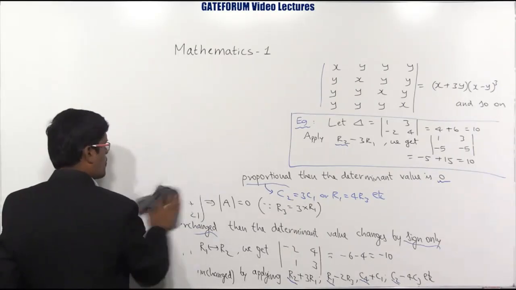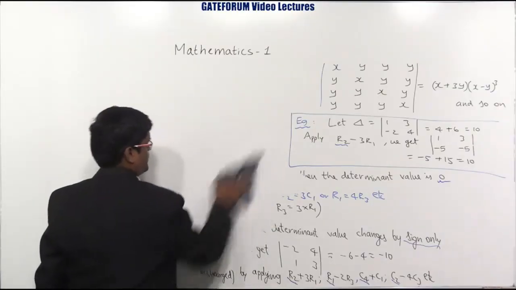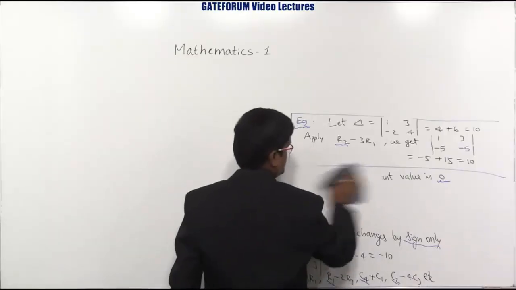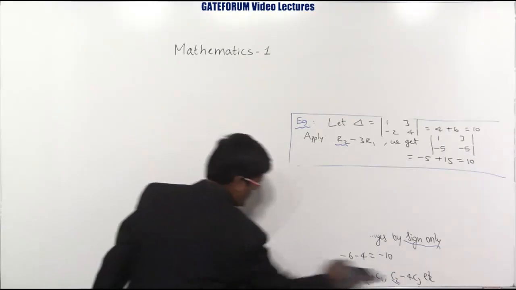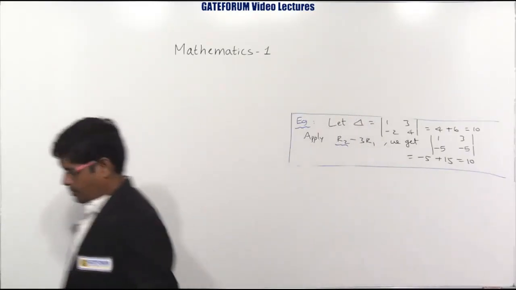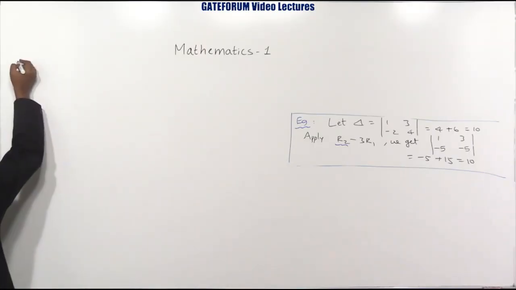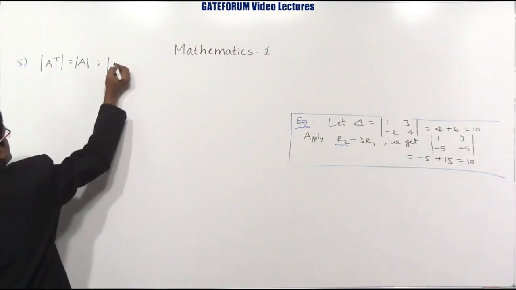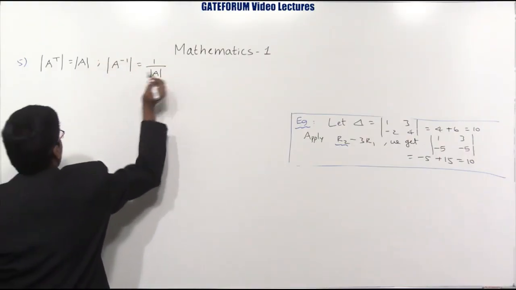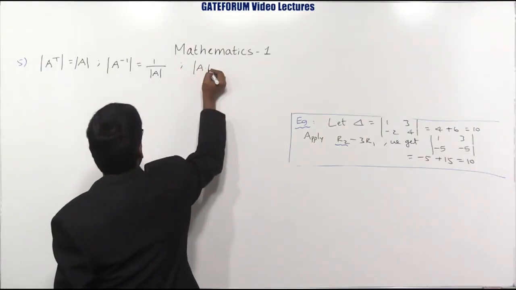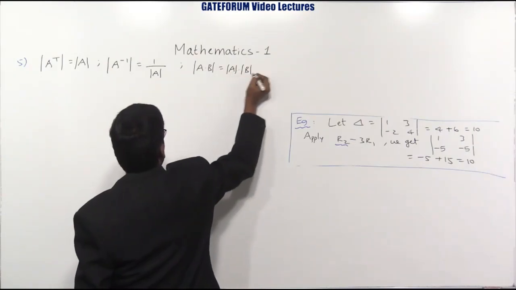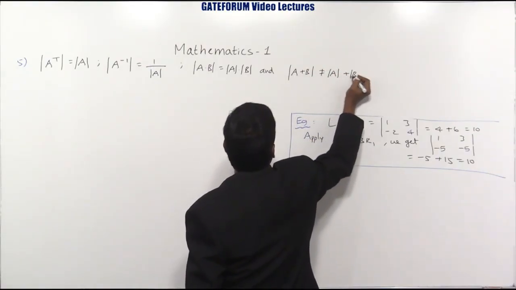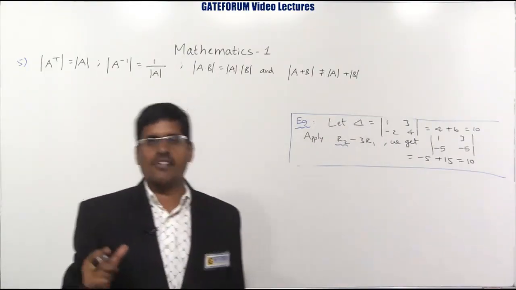You can consider these as results or properties. Result 5: determinant A transpose is equal to determinant A. Determinant A inverse is equal to 1 by determinant A. Determinant AB is equal to determinant A into determinant B. And determinant A plus B is not equal to determinant A plus determinant B. So far in all the previous properties, I have considered one simple example to prove the property.